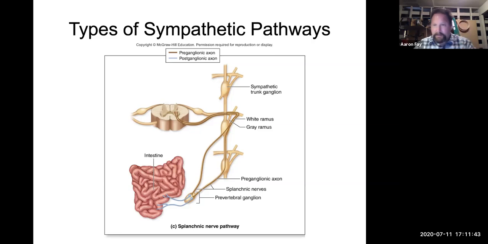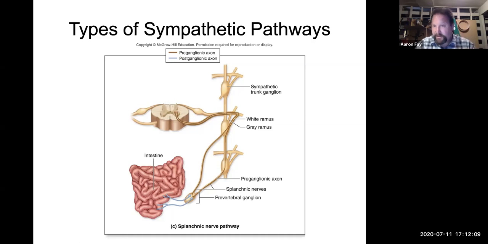Number one is long, number two is short, right? This confuses a lot of people. So let me try and clear this up. The splenic nerve pathway of the sympathetic autonomic nervous system looks like the parasympathetic situation where you have a long preganglionic axon and a short postganglionic axon.